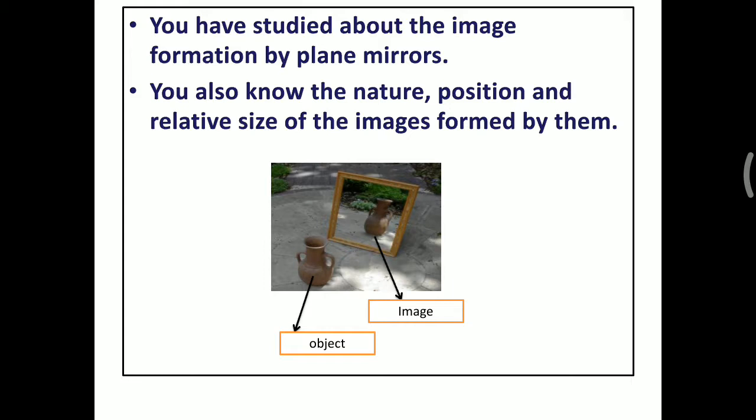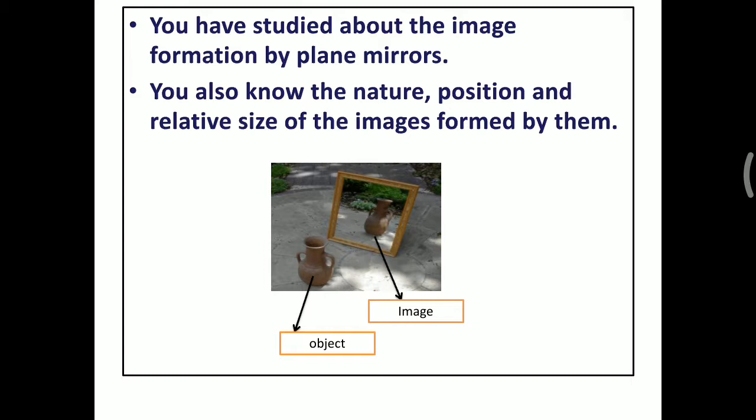You have studied about the image formation by plane mirrors. You also know the nature, position and relative size of the images formed by them. Look at this image. This is a plane mirror, and in front of the plane mirror the object was placed.